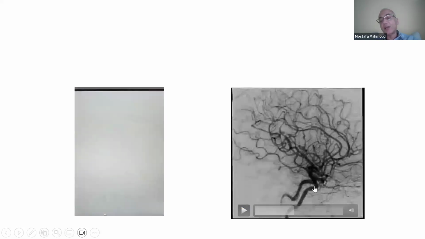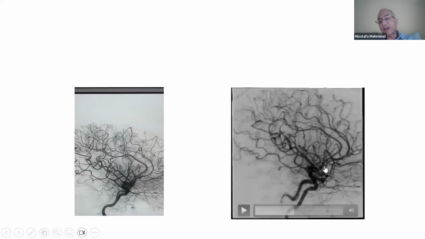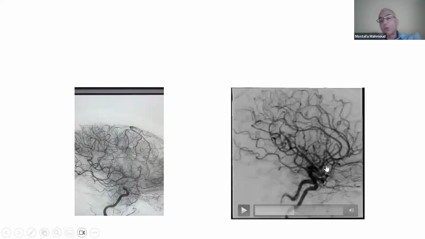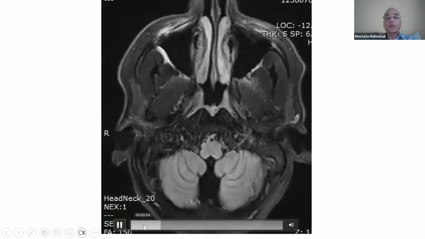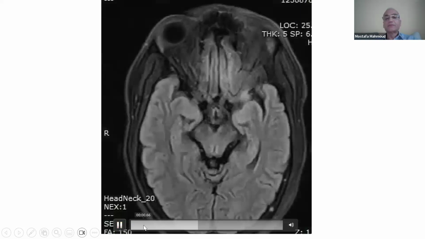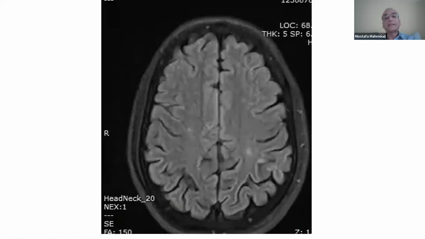You can see both ACAs are visualized distally. This is the contralateral one, and this is the ipsilateral one, which was occluded in the initial angiogram. And here is the MRI after 24 hours. Not bad, huh?